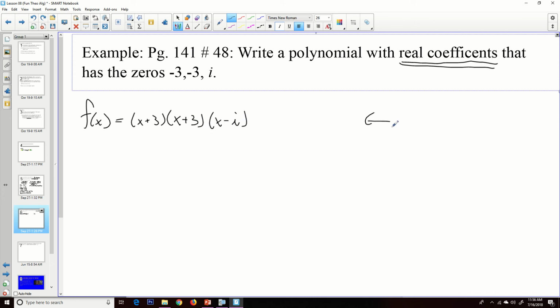And if I multiply this out, there would be imaginary coefficients. So we need to add a complex conjugate.